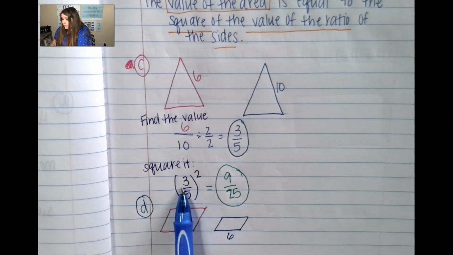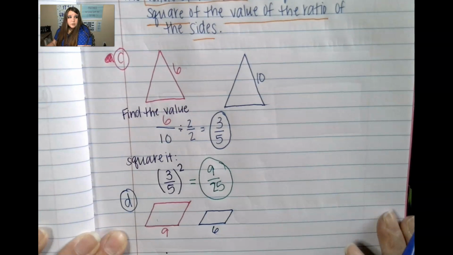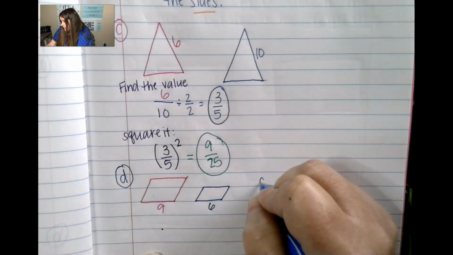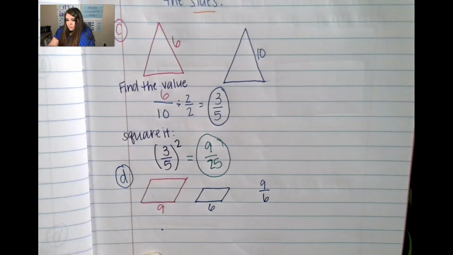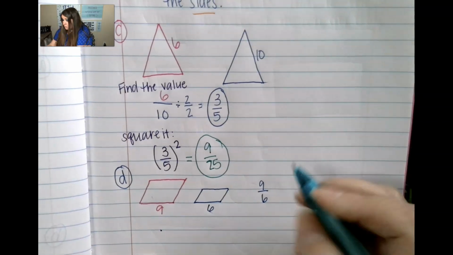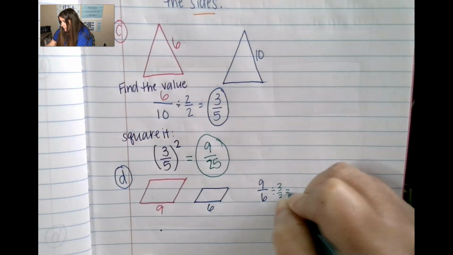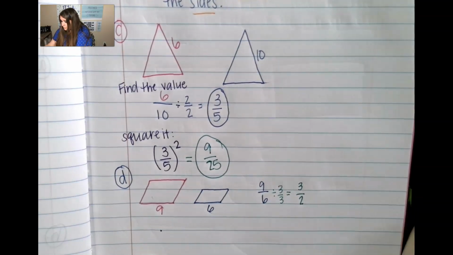So remember, our first step is to find the value of the ratio. The value of the ratio is 9 over 6. We're then going to simplify it down, so we can divide by 3 over 3. That gives us 3 over 2.